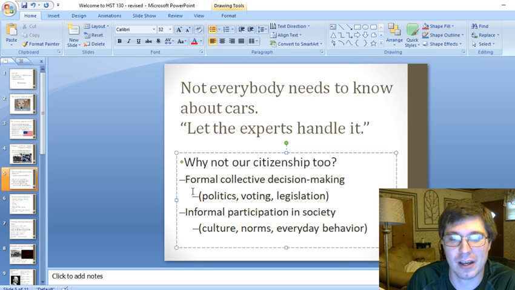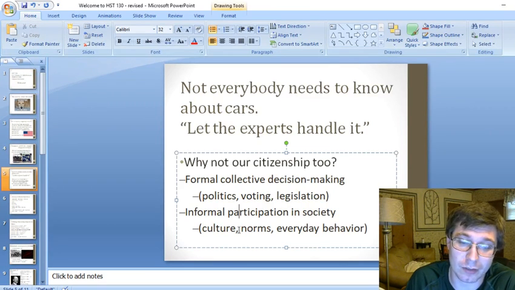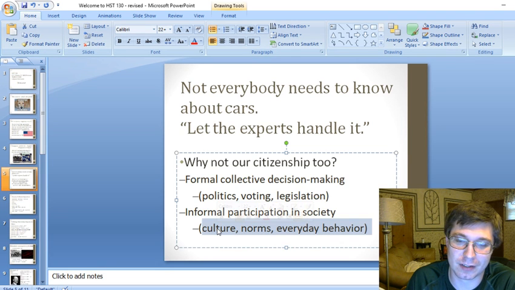As citizens, we don't just do things like vote for the president or other representatives or certain laws. We also influence the culture around us, the norms around us, our society in these more subtle ways.